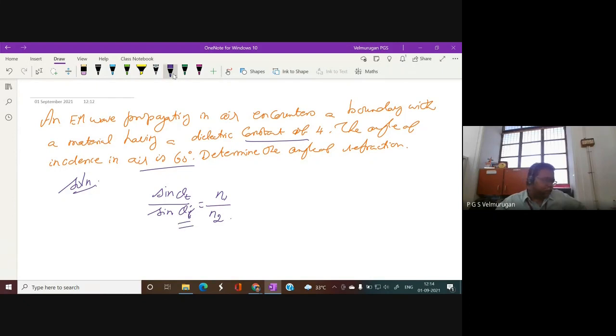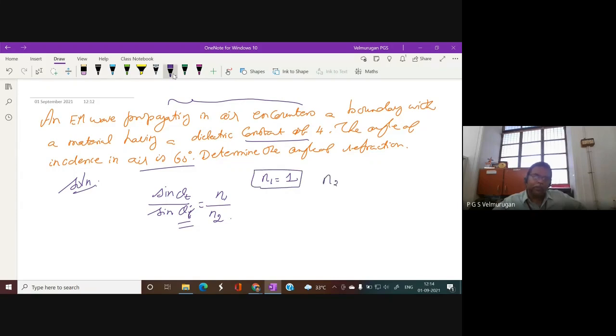Your wave is propagating in air, so n1 is equal to 1, that is the index of refraction is 1.